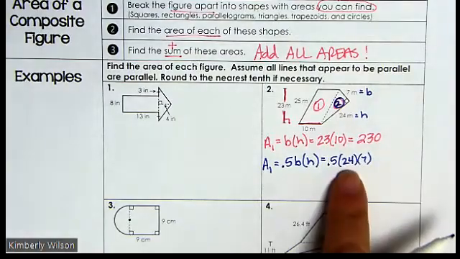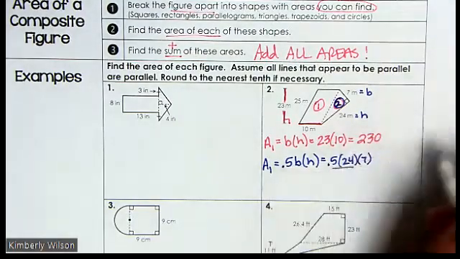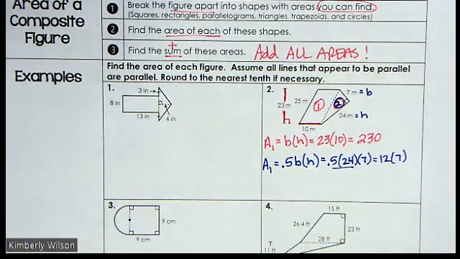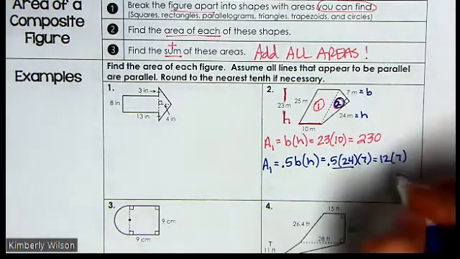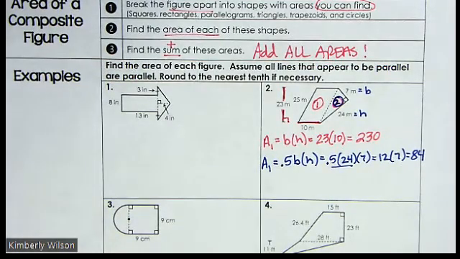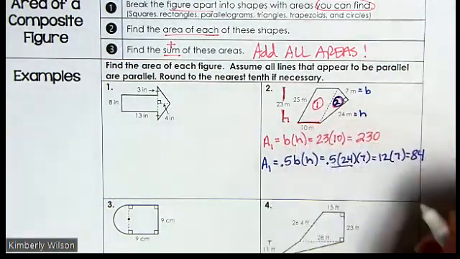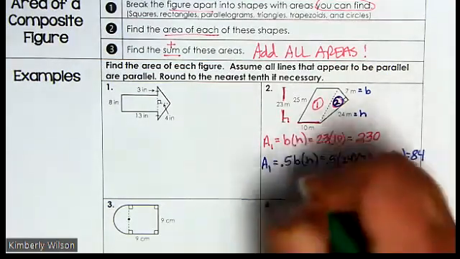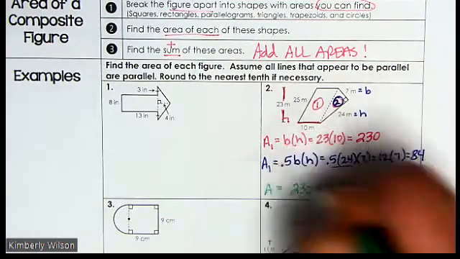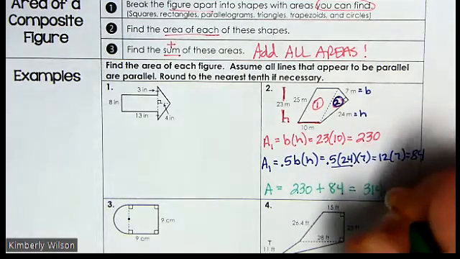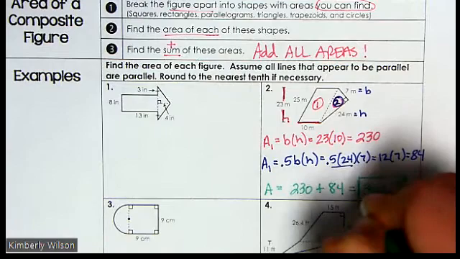To be perfectly honest, I put the 24 first because I can easily do 1/2 of 24, which is 12 times 7. Now I get the handy dandy calculator. 12 times 7 equals 84. My final step is where I add the areas together. So I'm going to have 230 plus 84, which equals 314 meters squared. This is my final answer.